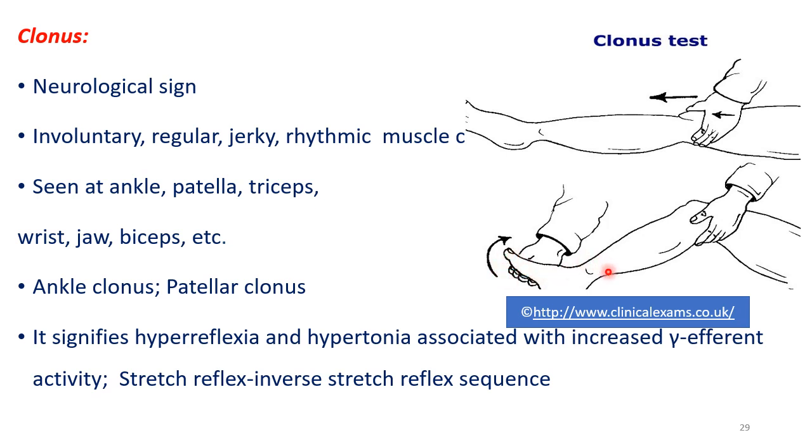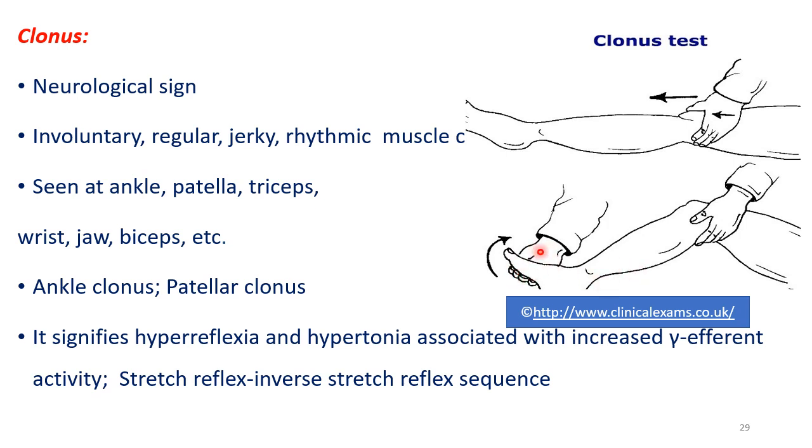This will increase tension in the Golgi tendon organs of the gastrocnemius muscle via the group 1B fibers, which will inhibit the contraction, and facilitate the contraction of the antagonistic muscle, that is the tibialis anterior muscle, and now the dorsiflexion will occur.